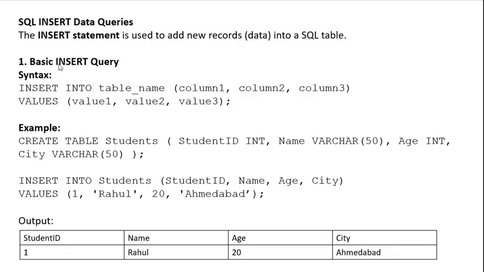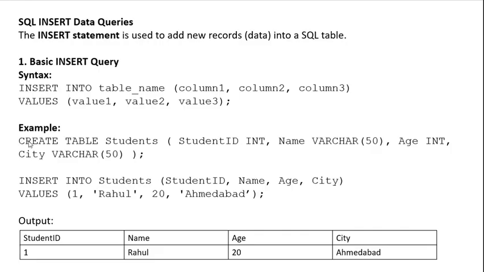First, the basic INSERT query: INSERT INTO table name, then inside brackets column 1, column 2, column 3, as many columns as needed separated by commas, and after that VALUES, and inside brackets value 1, value 2, value 3, close the brackets and end with a semicolon.